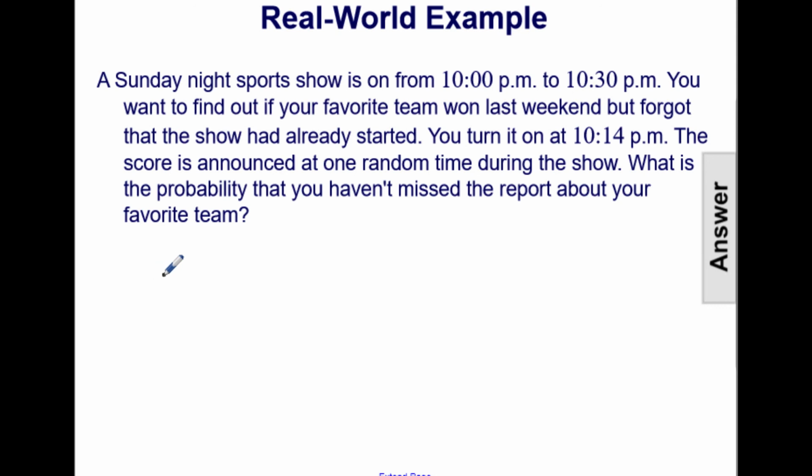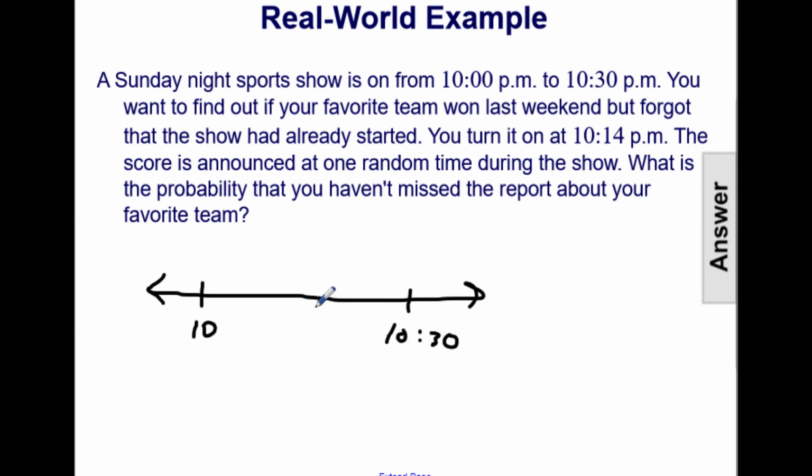If we visualize on a number line the event of this sports show, we're going from 10 to 10:30. Now you tuned in at 10:14. If we want to find the probability that you haven't missed the report, that means the report has to be sometime between 10:14 and 10:30.